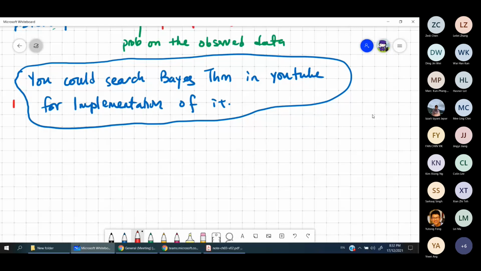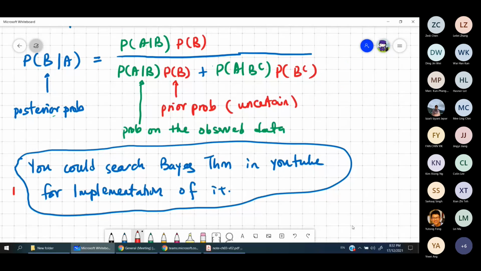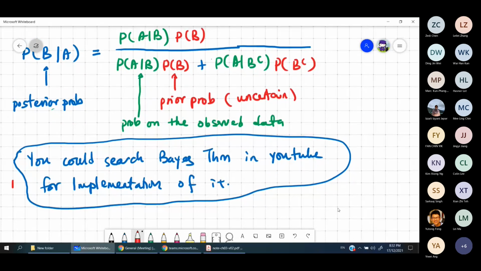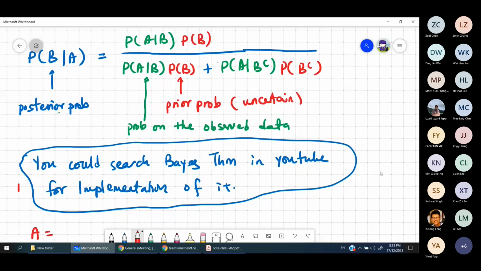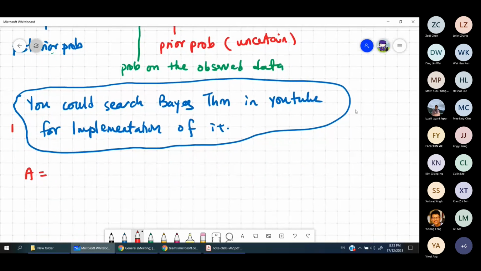So for example, in current time, we can have this A and B. PB is the prior probability. Okay, so PB is a prior probability.